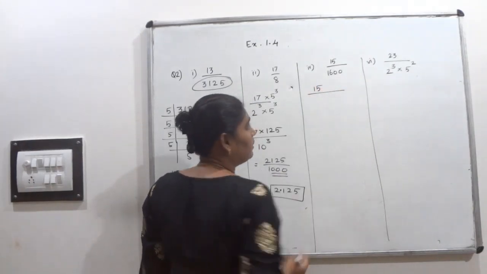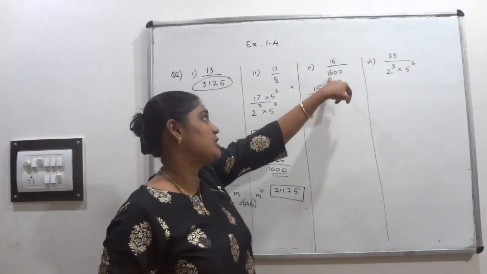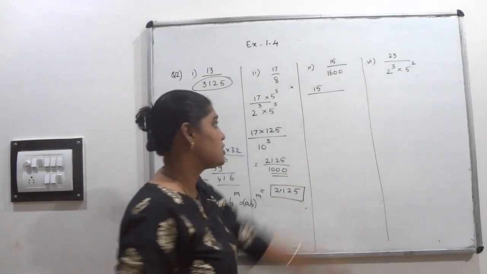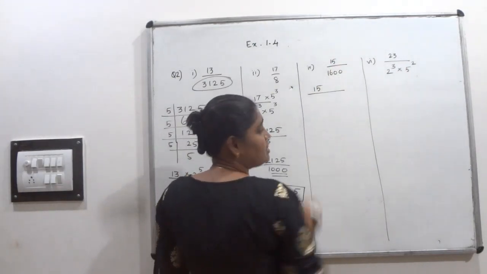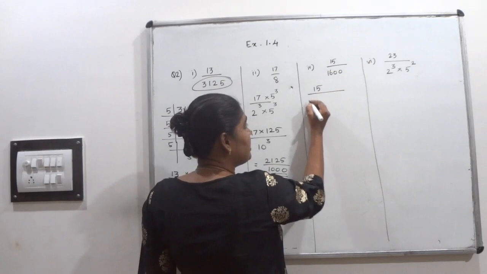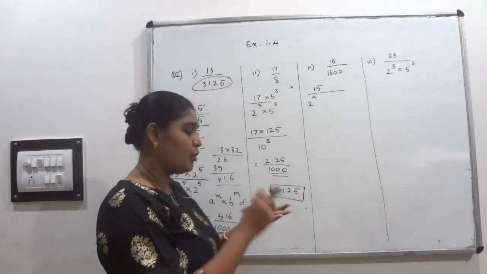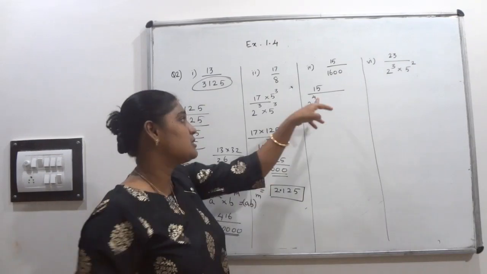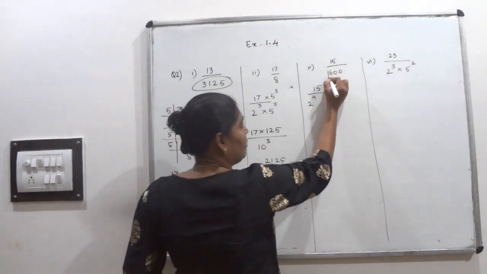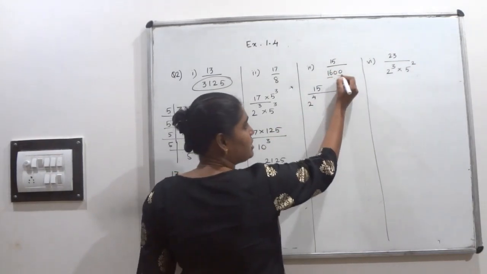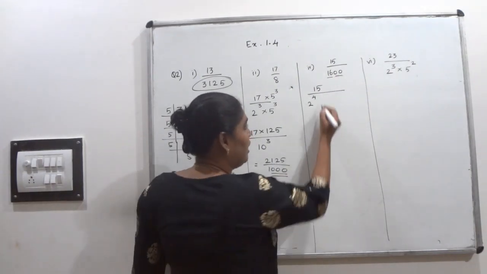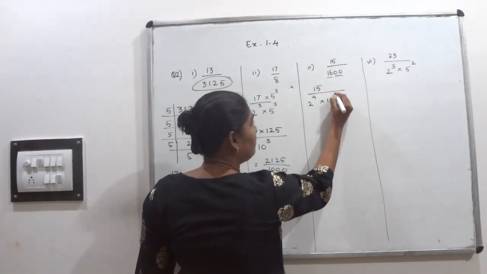15 upon 1600. I have to write the prime factorization for 1600. We can write 16 as 2 power 4, and what remains is 100, which we can write as 10 power 2.